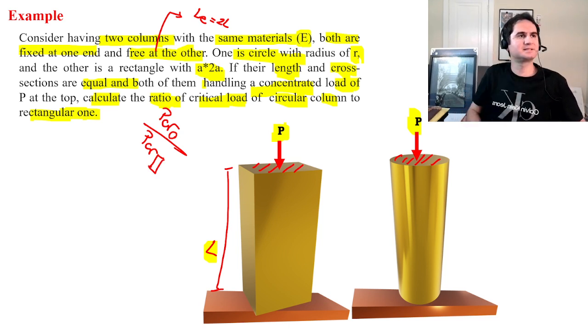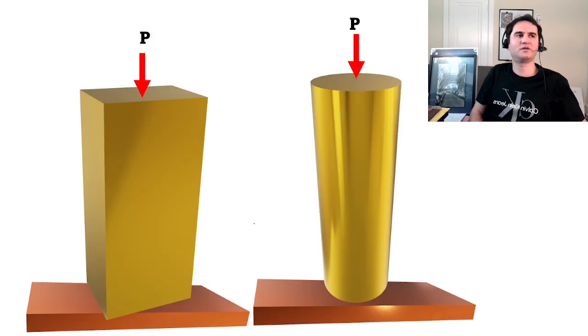In the previous video, we derived Euler's buckling formula for both force and stress. Now we just need to use that equation in terms of a force ratio.